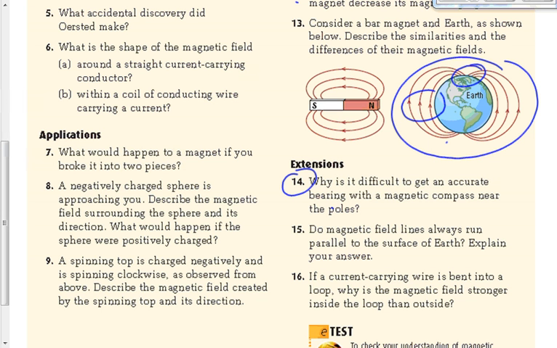Now, if the Earth's magnetic field isn't parallel to the Earth, then the compass needle is going to have a tough time reacting because it always has to point parallel to the Earth. If you're at the poles and the field lines are virtually perpendicular, then the compass needle can't point downwards, unless you have a different kind of compass that can act in 3 dimensions, with an X, Y, and Z axis, as opposed to just X, Y.